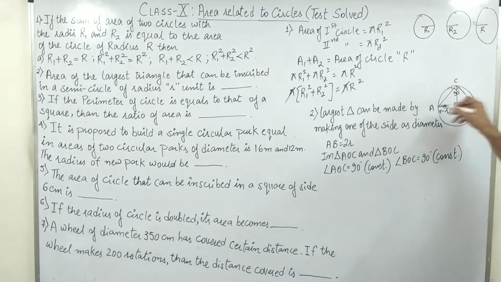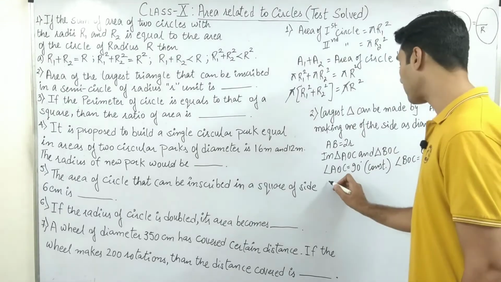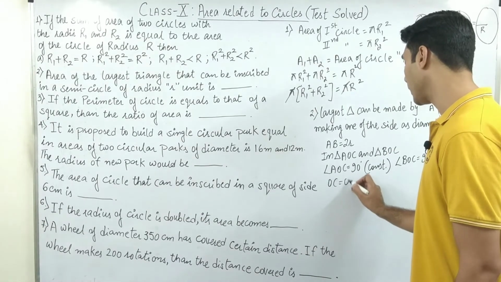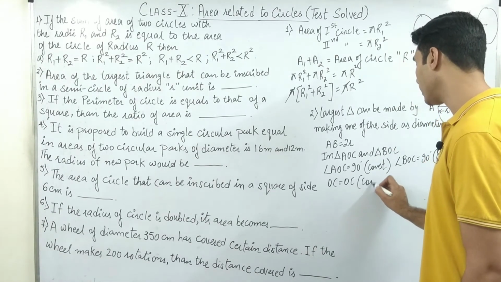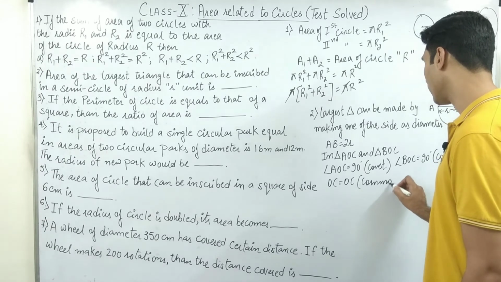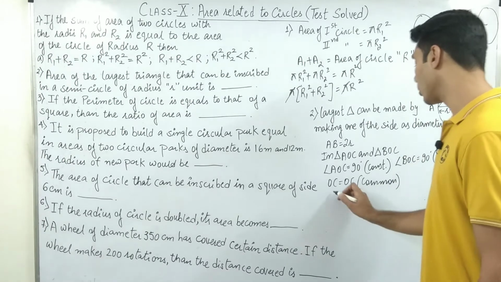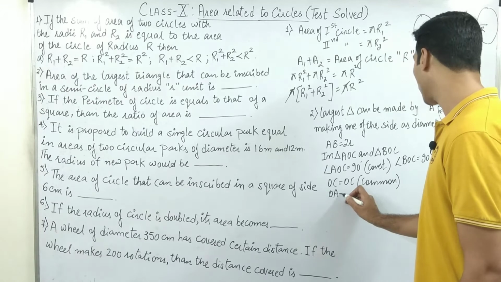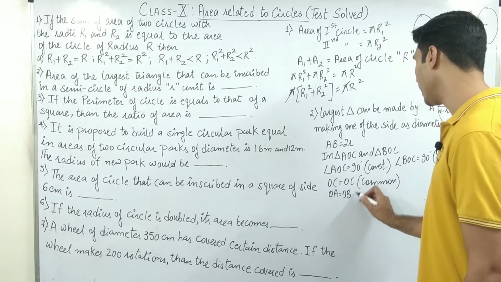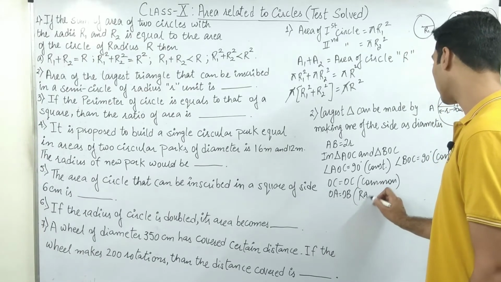Correct? If angle AOC equals angle BOC equals 90 degrees, now what do you think? That means OC should be equal to OC because that's common. And also OA should be equal to what? That should be equal to OB and that is the radius.